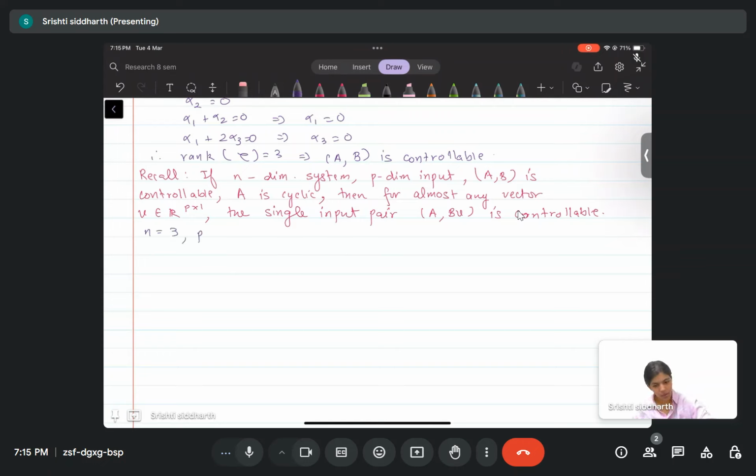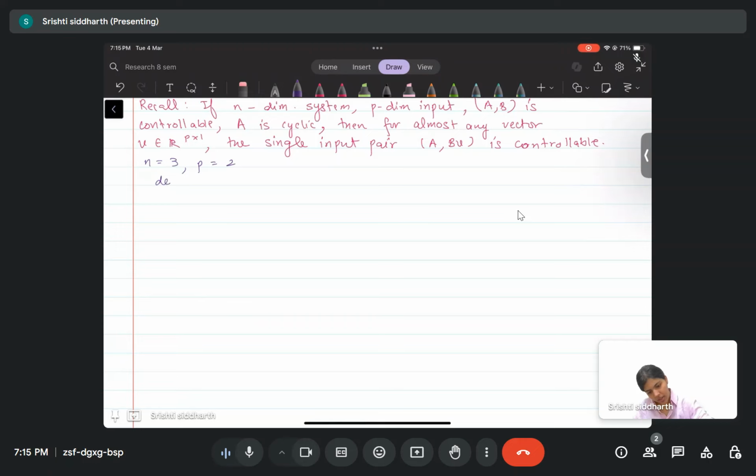Okay. So to determine whether A is cyclic, we have to again look at first of all the eigenvalues of A. This is simply the determinant of A minus lambda I. So for the extra entries, they are 0.